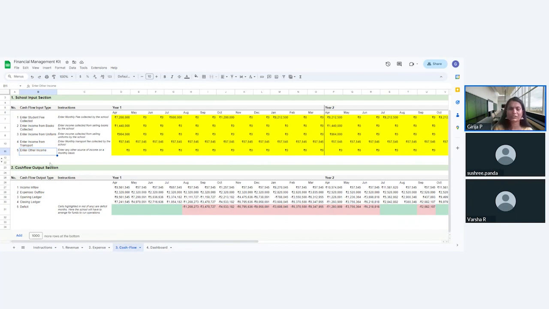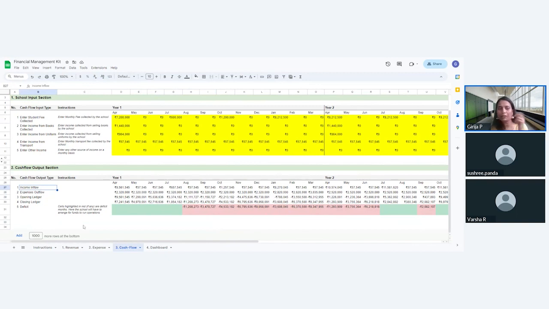Once you put in the money you are getting from the different sources for every month or every year, it will show you how your cash flow, or how your money, is coming in and out every month.